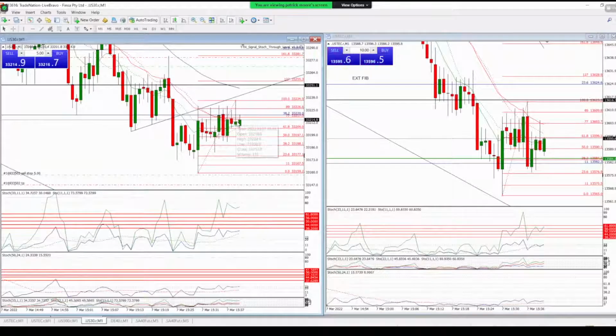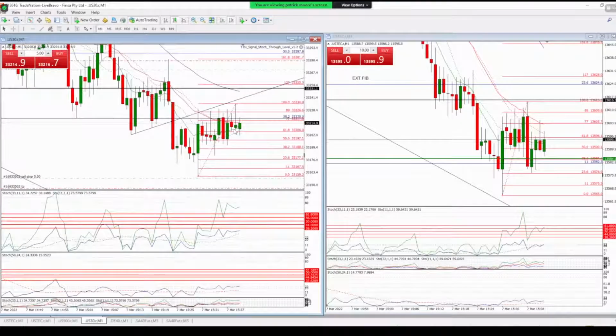One minute, 21 and 8 is getting pretty close to a cross. Not quite, but it's that solid red, solid green.